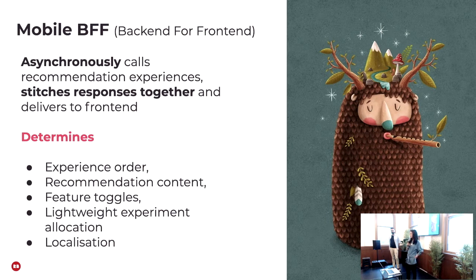For recommendations, it makes asynchronous calls to the recommendation service, gets back all the sets of recommendations, and then goes out to other backend services to fetch the data we need to display the recommendation in the UI, and then stitches the response together and delivers it to the front end.